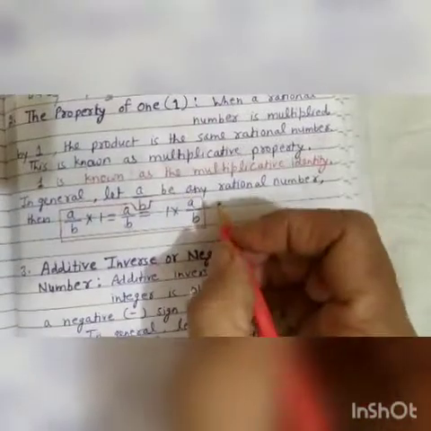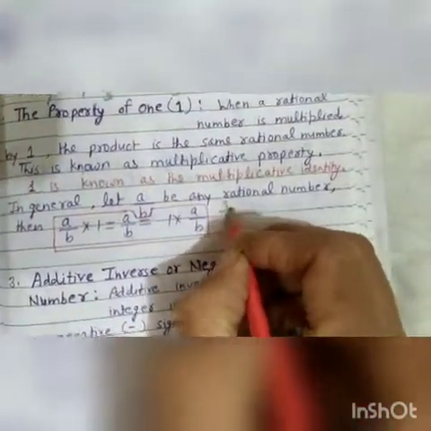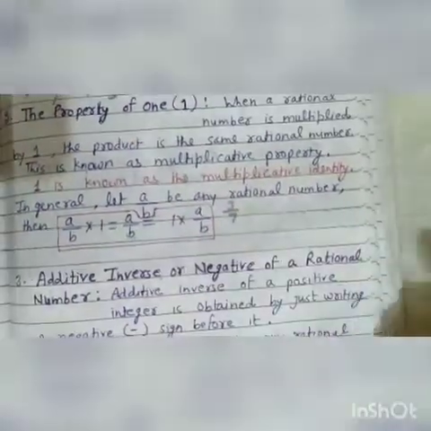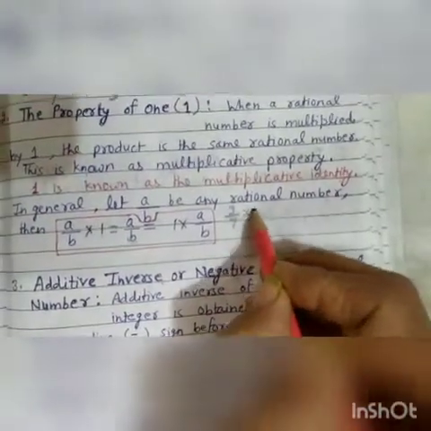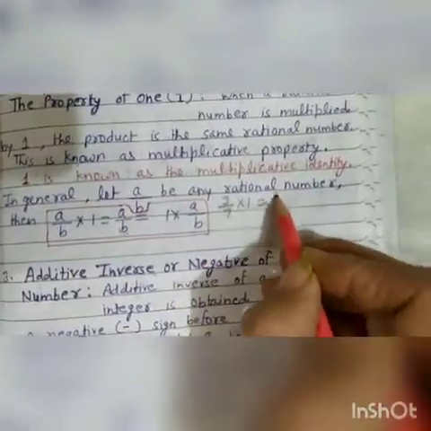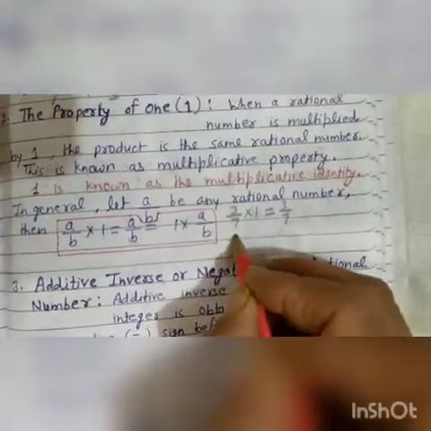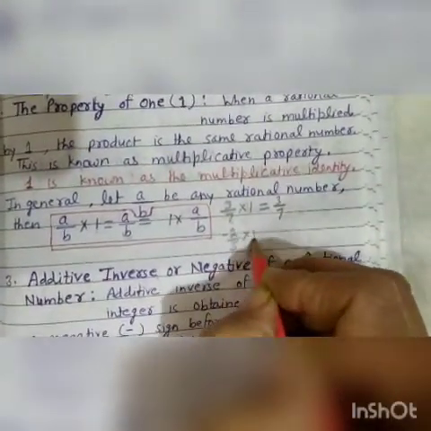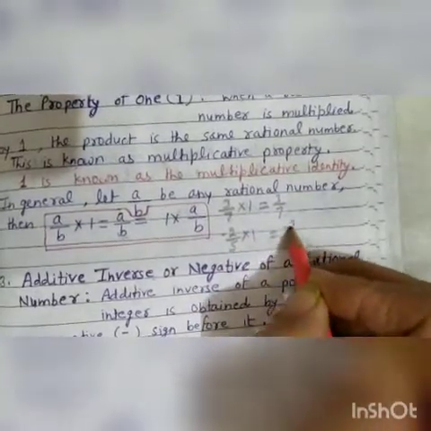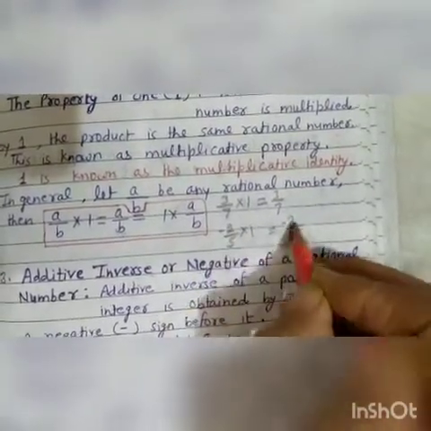Let us see some examples. Suppose this is a rational number 3 upon 7. When we multiply it by 1, then we get the same rational number as answer. Suppose this is minus 2 upon 5, multiplied by 1, then again we get the same rational number minus 2 upon 5.